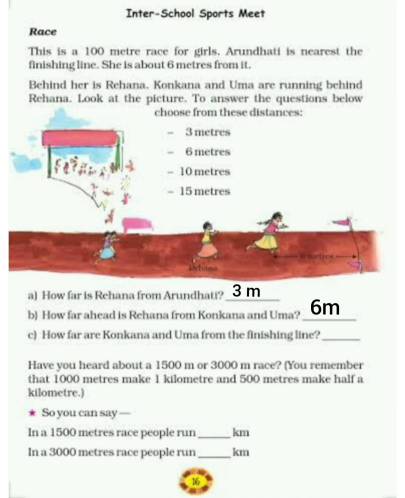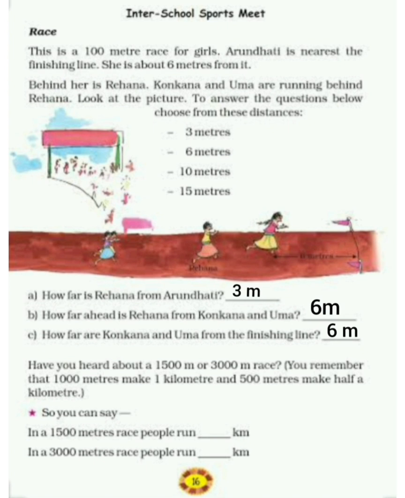Then Rehna to Konkana and Uma is 6 meters. Now we will add these meters. Okay. 6 plus 3 is 9. 9 plus 6 is 10, 11, 12, 13, 14, 15. Yes. So the answer is 15 meters.